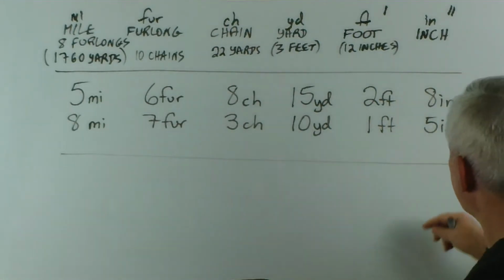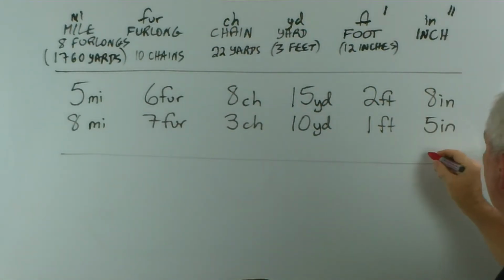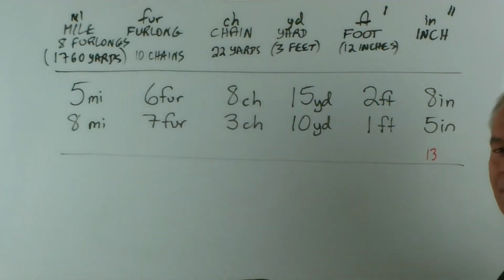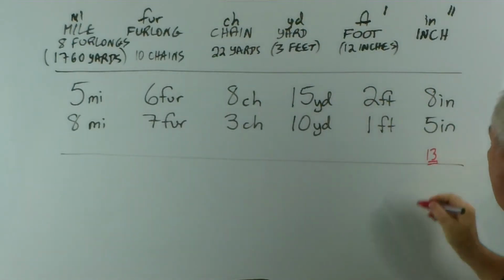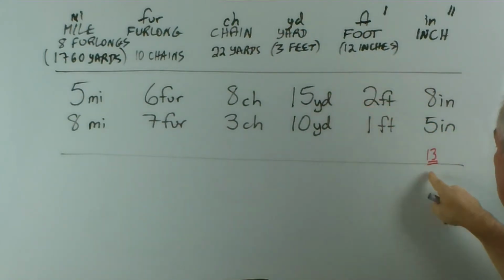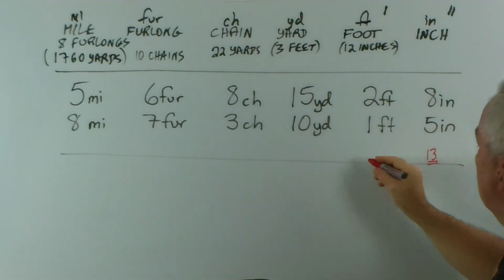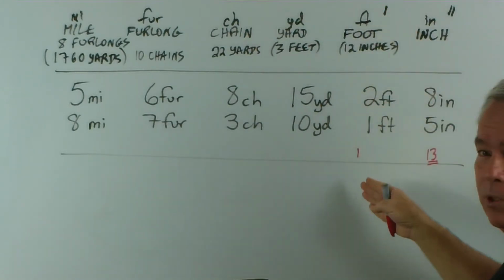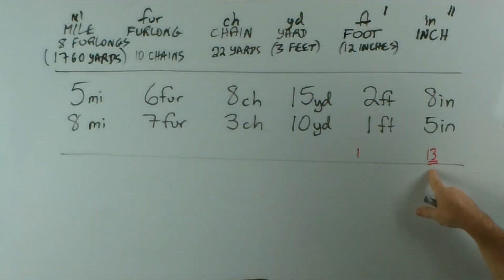Let's add these. 5 and 8 would make 13 inches. Now, remember that our next unit is bundles of 12 inches. And this is certainly over 12. So we take one bundle of 12 out of this and add it in here as 1 foot. And the remainder, what's left over, is just 1 inch.